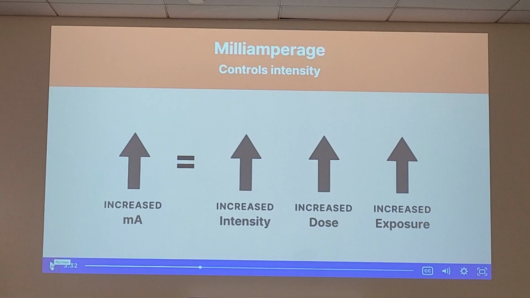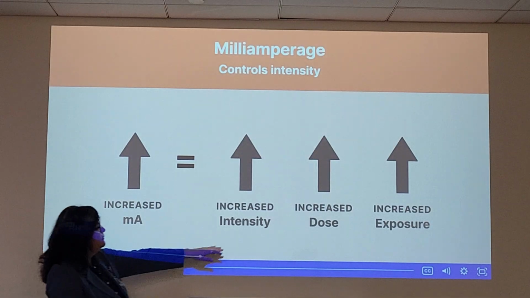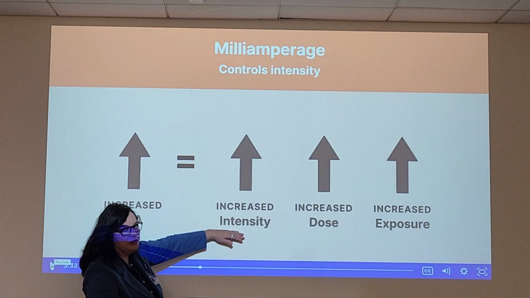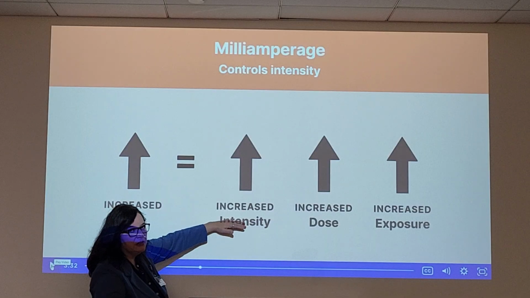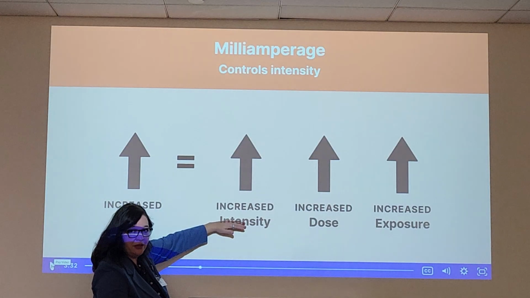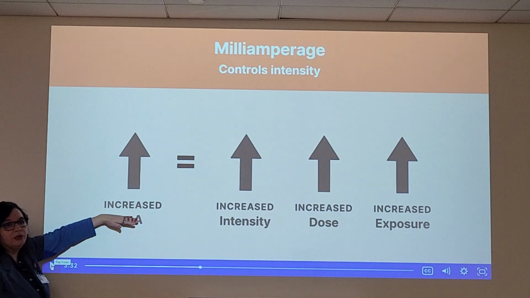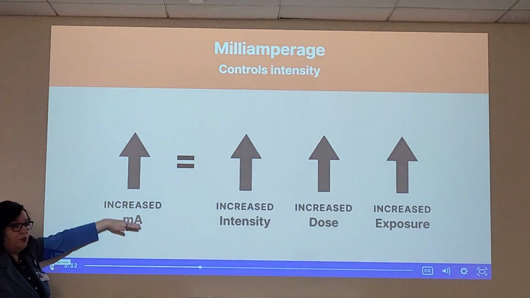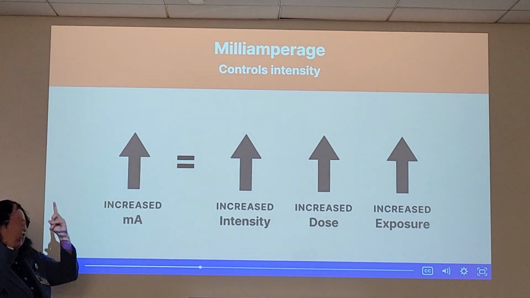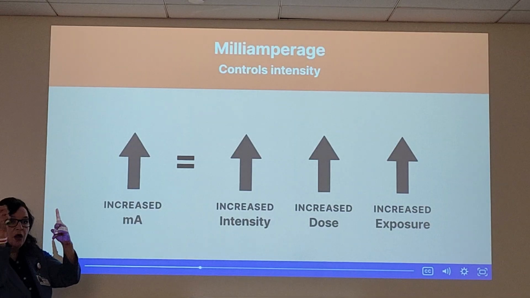So it goes back to the source, and it starts at the cathode, right? In order to increase the intensity, which is another word for what? What's another word for intensity? Quantity of photons, right? We must increase our mA. We increase our mA, we increase our electrons boiling off.